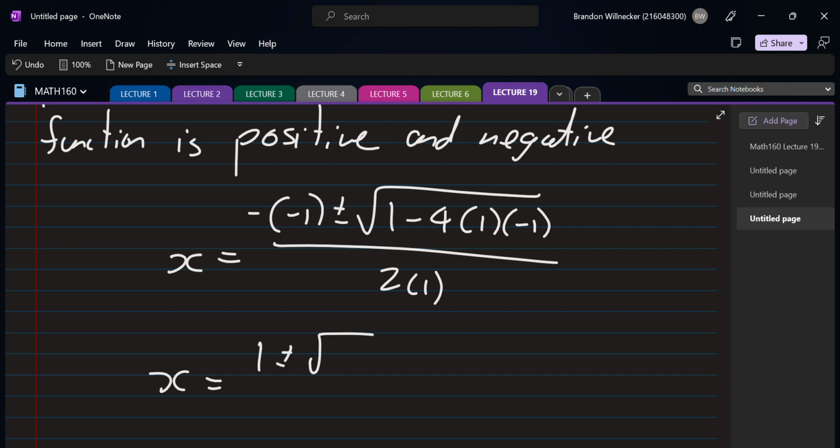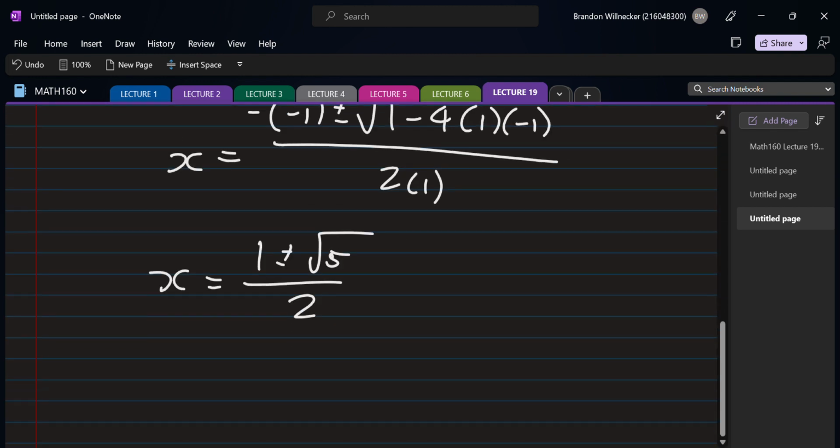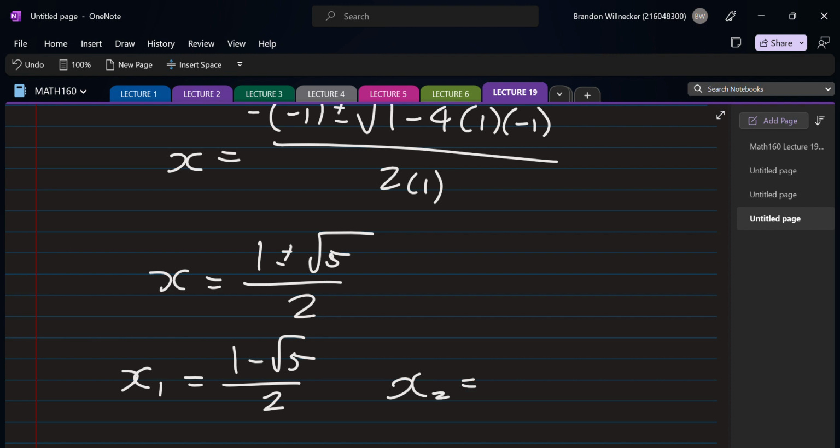We're going to have 1 minus 4, but times the minus 1 there, so it will be 1 plus 4, so 5 over 2. Okay, so which one's the lower, which one's the upper? Again, you can just put it in your calculator and see what the value is. But the lower one, let's call that x1. That will be 1 minus root 5 over 2. And then the upper one, that will be 1 plus root 5 over 2. Okay, so that's where the function is 0.